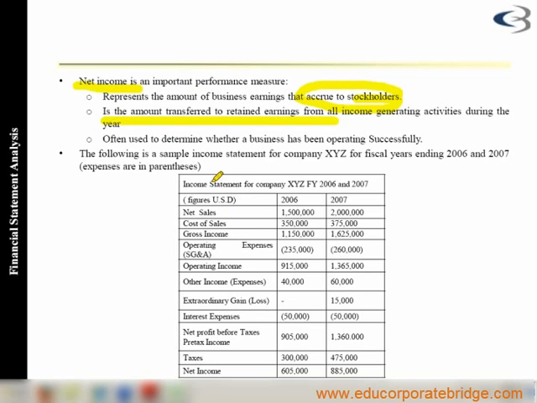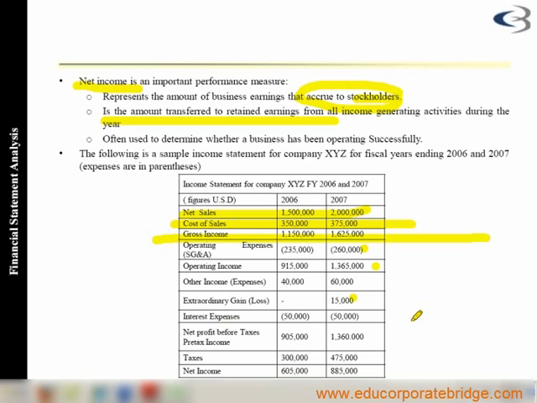So below is a sample for net earnings or my net income. The first figure is net sales for last year and for this year. I've got my cost of goods sold. Net sales minus cost of goods sold will give me my gross income. From gross income, I'll subtract my SG&A, which is my operating expenses, and I'll get my operating income. From that, I'll add my other income while I subtract my other expenses, and I'll add extraordinary gain.